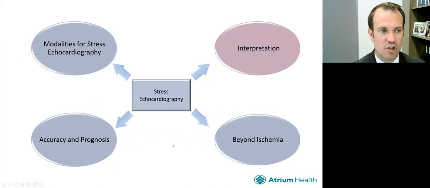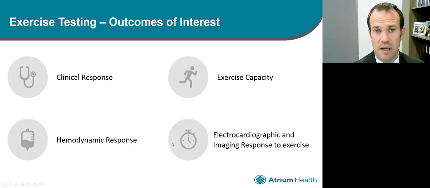So let's move on to interpretation. I think it's really important, even though we're talking primarily today about the imaging findings, that a lot of the important information we get from a stress echocardiogram is how the patient responded clinically. Did they develop typical chest pain or symptoms? What was their hemodynamic response?